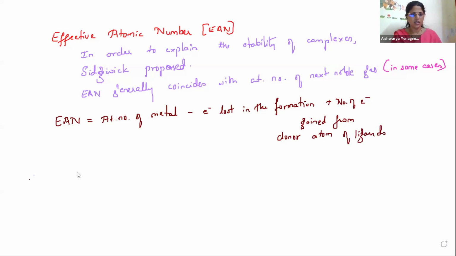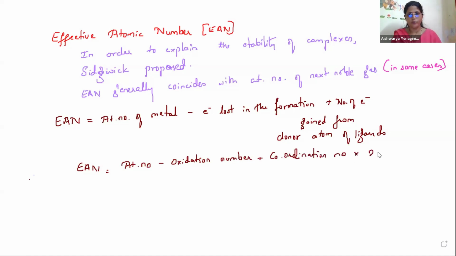Simply put, EAN is equal to atomic number minus oxidation state, or oxidation number, plus coordination number into 2. This is nothing but effective atomic number.